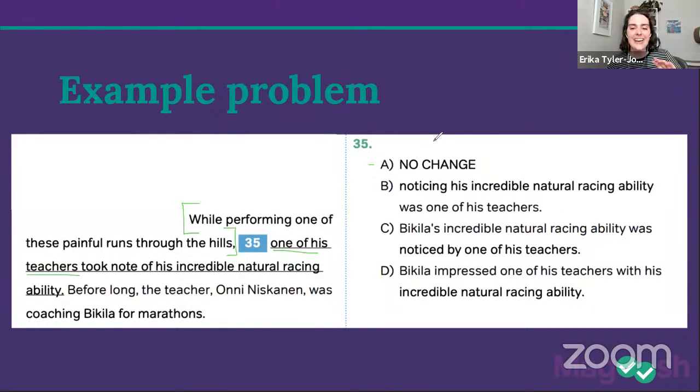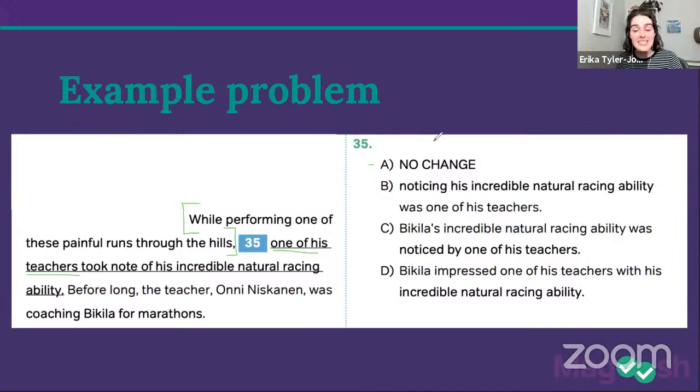Yeah, okay. Bakila. Bakila, probably not the teacher. Yeah, exactly. So we know that Bakila is running marathons. Bakila has this incredible natural racing ability, right?